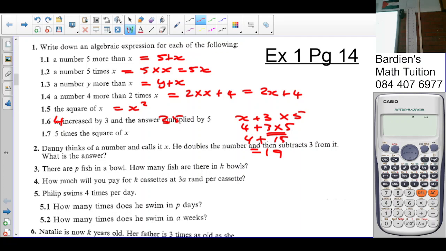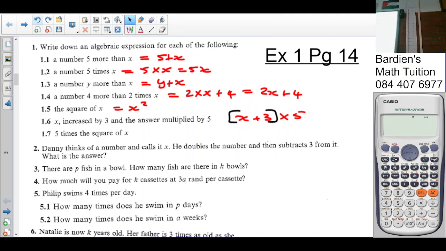Can you see that, people? So that is why we need to put a bracket there. The bracket indicates that you need to do x plus 3 first before I multiply it by 5. You understand, people?